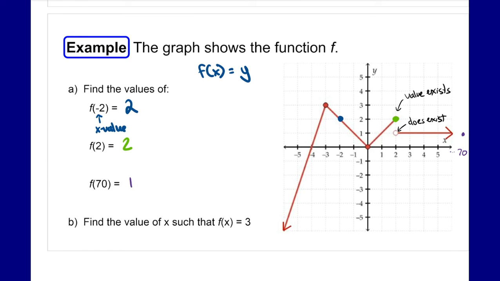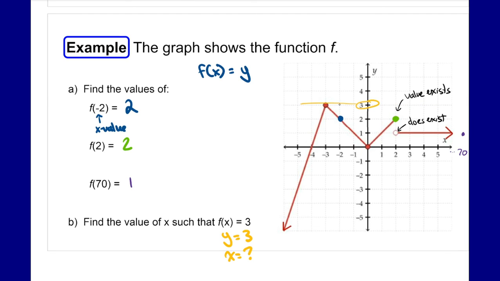Final question, find the value of x such that f at x equals 3. Or in other words, when y equals 3, what is the x value? So let's go over to our function. We find y equals 3. Let's see what values we have.